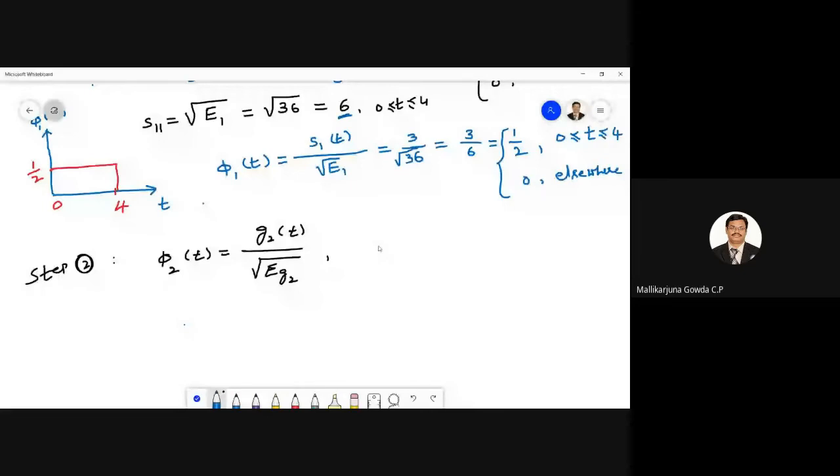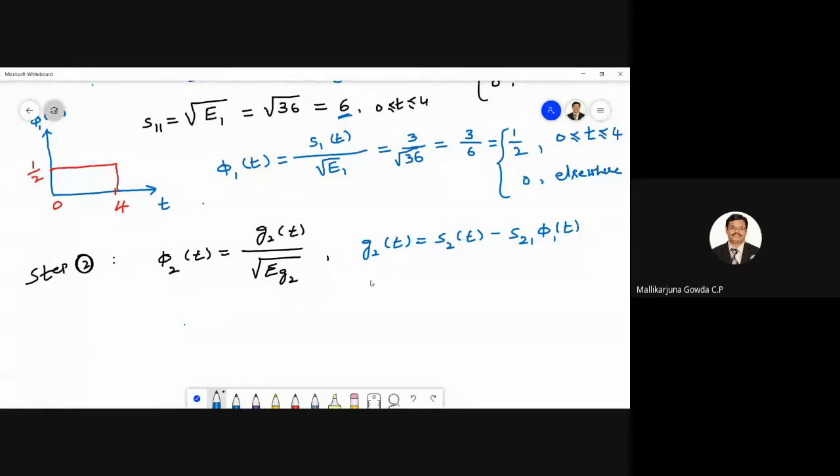Sir, G2 of t is equal to S2 of t minus S21 phi 1 of t. Yeah, S21, not S2 of 1, S21 phi 1 of t. Okay, so this is the expression for G2 of t.